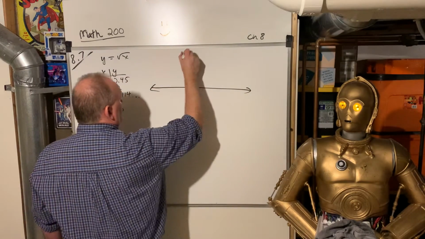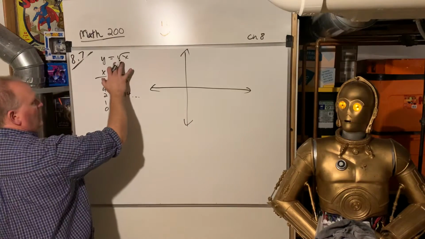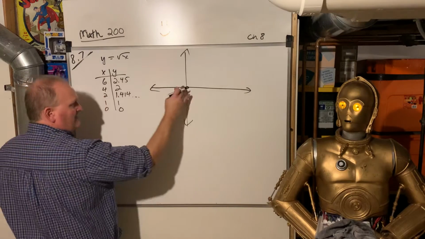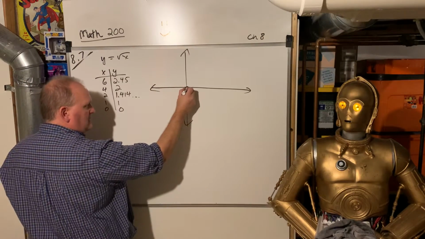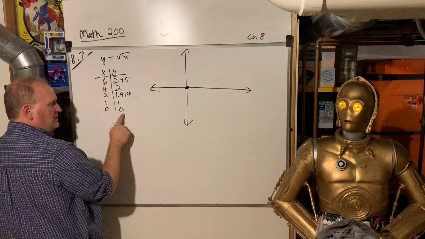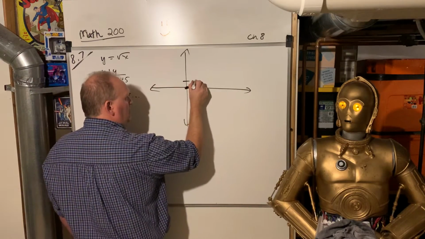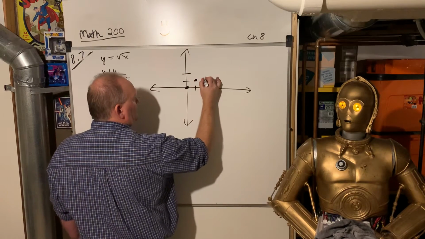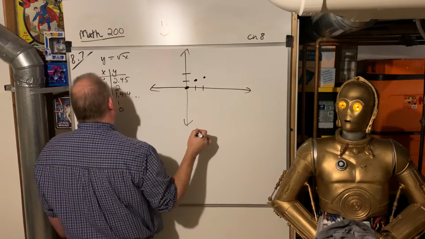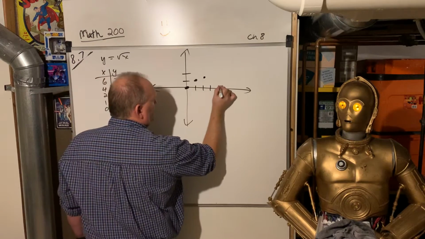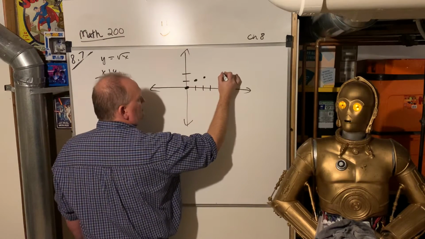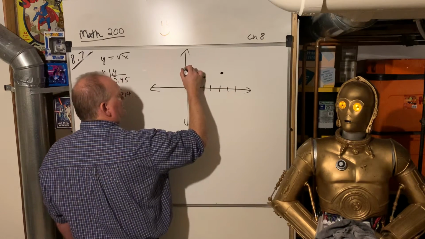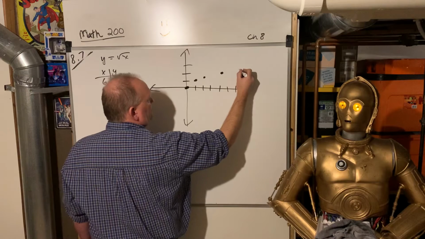And so what it ends up looking like when you graph y equals the square root of x: 0, 0. There isn't anything on the negative or below the x-axis. It starts at the origin. That is the lowest point. And then 1, 1. And then 2, it goes just a little over 1, 1.414. And then we go 3, 4. It goes up to 2. And then 5, 6. It goes just a little over 2, like almost 2.5.